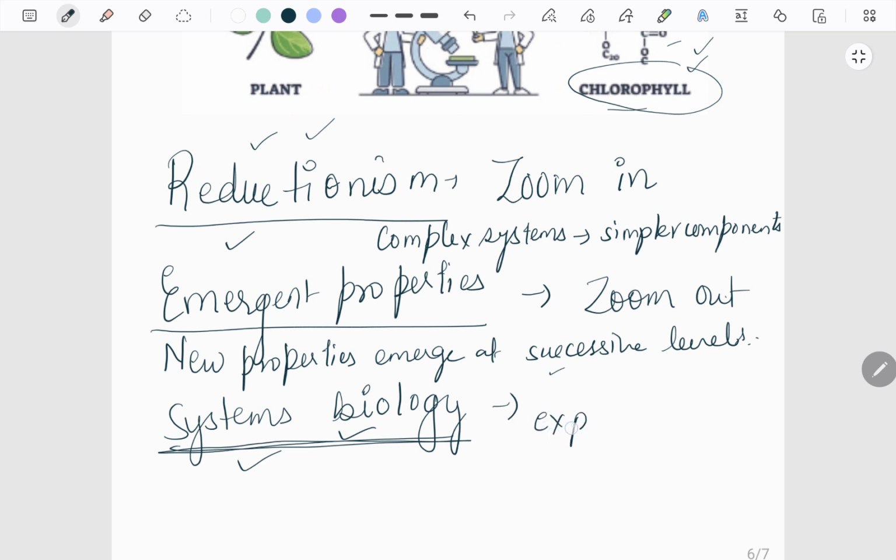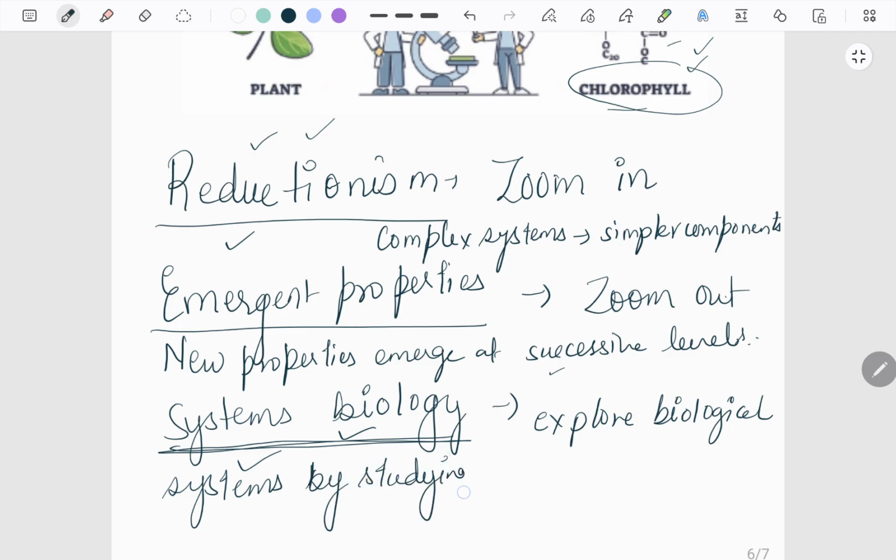We study the biological systems by studying interactions among its parts. And the system can be of any level.